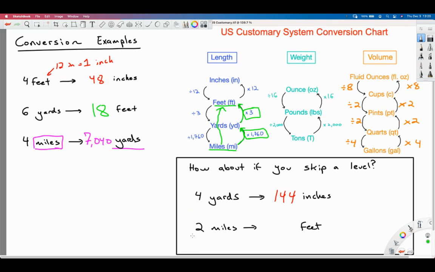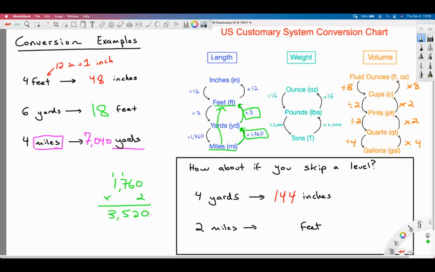So there are 2 miles, and if we multiply 1,760 by 2, 0 times 2 is 0, 2 times 6 is 12, write the 2 carry the 1, 2 times 7 is 14, plus 1 is 15, so write the 5 carry the 1, 2 times 1 is 2, plus 1 is 3. So if we doubled 1,760, we'd be at 3,520.